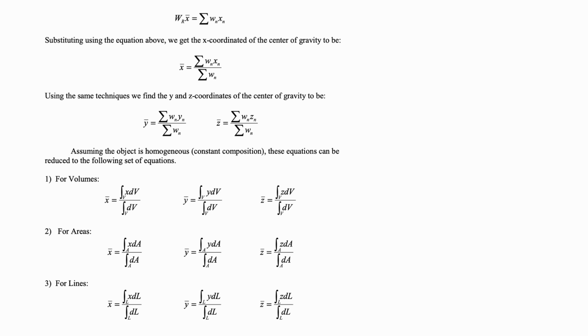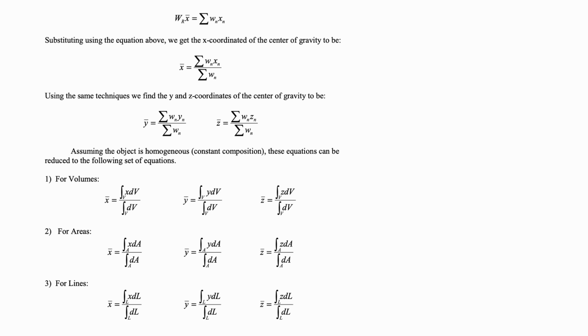Using the same techniques, we find the y and z coordinates of the center of gravity: y equals the sum of Wn times yn, divided by the sum of the weights of all particles, and the same for coordinate z. Assuming the object is homogeneous, this equation can be reduced to the following set of equations.